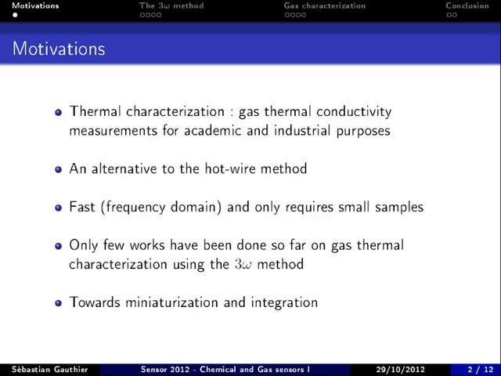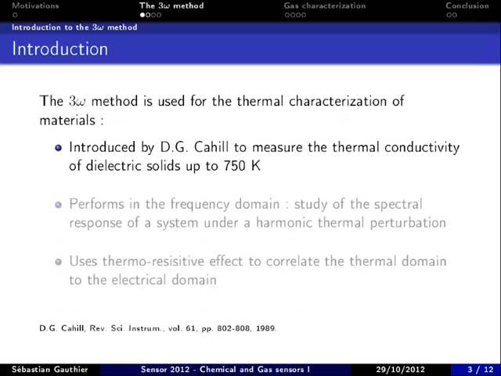And so far, only a few works have been done using this method to characterize the sample. And the perspective of this work was also to develop a sensor that at the end could be miniaturized and integrated.